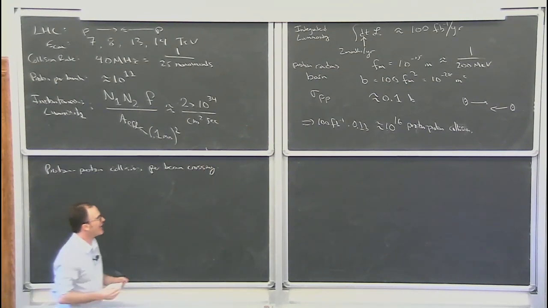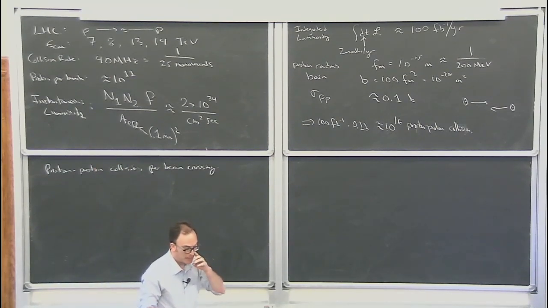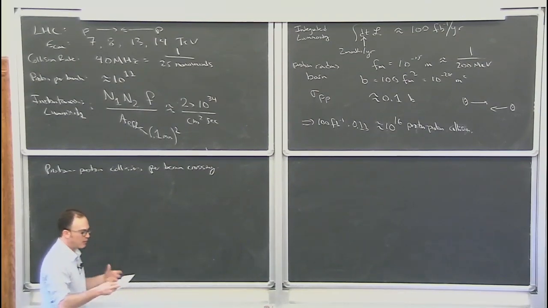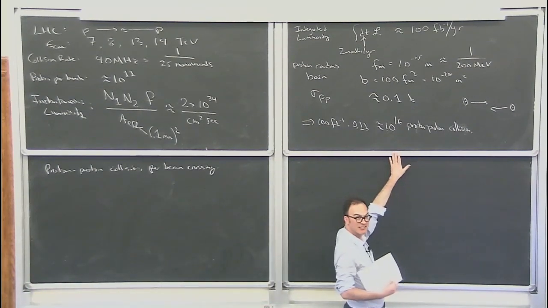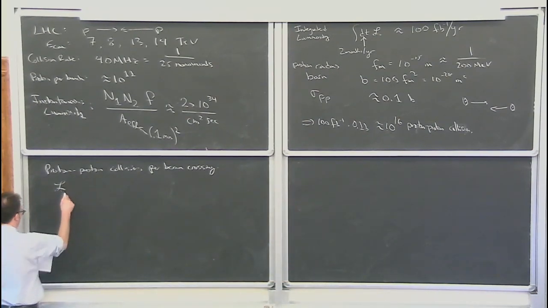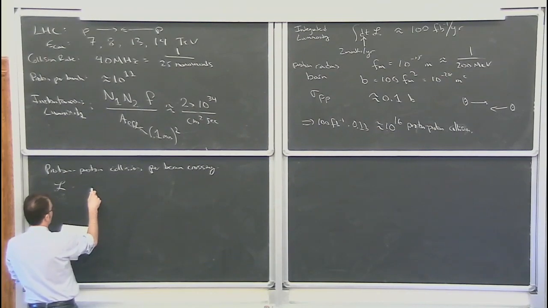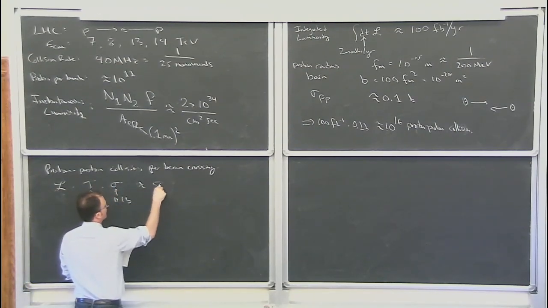You fold together the instantaneous luminosity, 2 times 10 to the 34 per centimeter squared per second, multiply by the time between collisions, every 25 nanoseconds, times the cross section, this 0.1 barns, and you'll find a number that's 50.